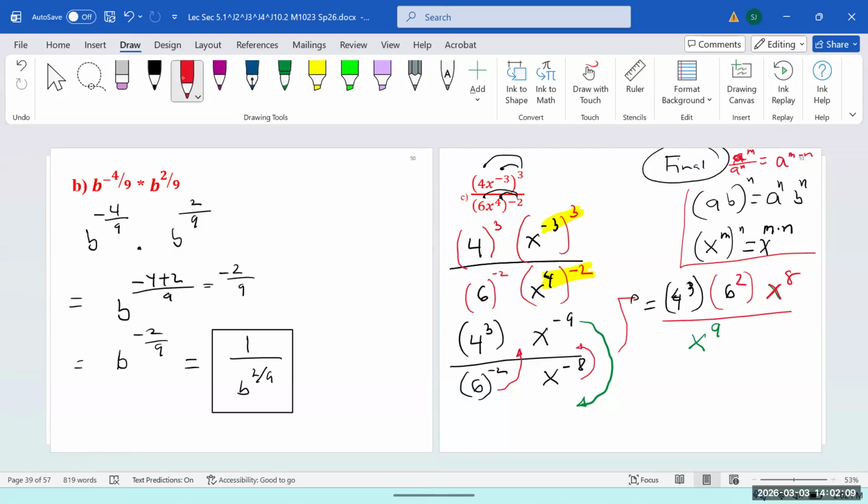So you see the base here, x and x. We have x to the 8 and x to the 9. Let me highlight them. Which one is bigger? So we keep our x to the 9 on the denominator, and we subtract the numerator's 8.